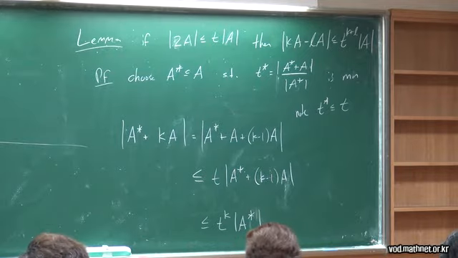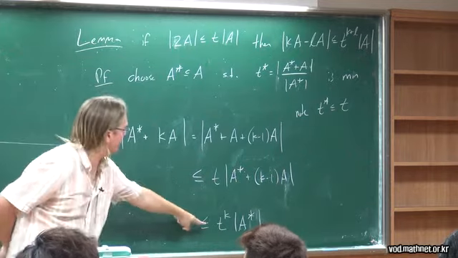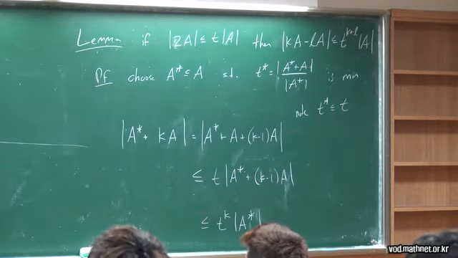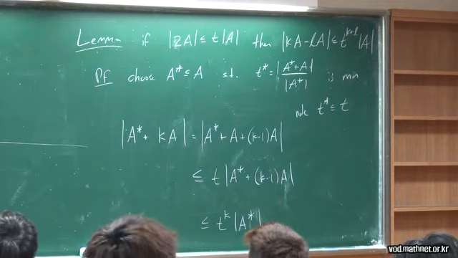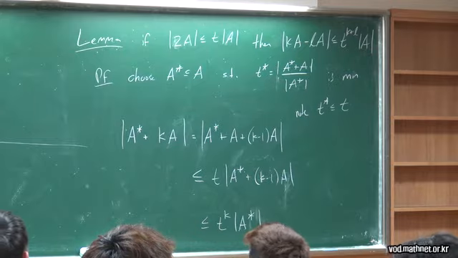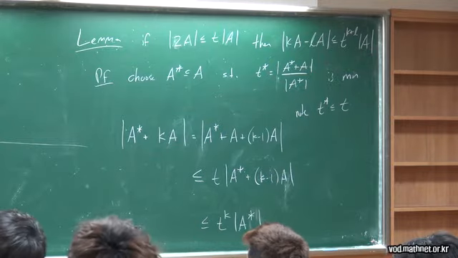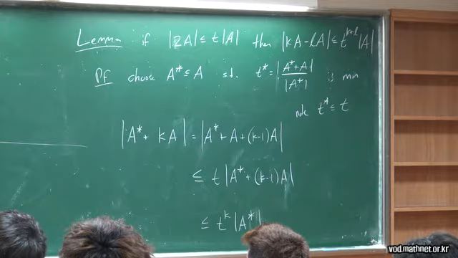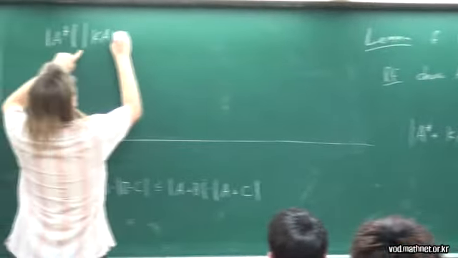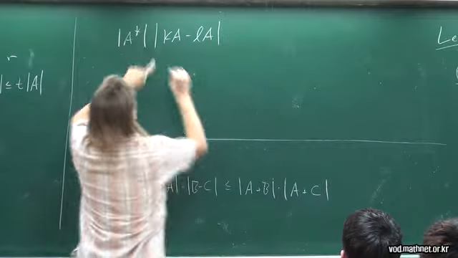So if I take A star and I add k times A to it, what I get is at most T to the k times the size of A star. Now I'm going to apply this. What is the size of A star plus k times A minus L times A?